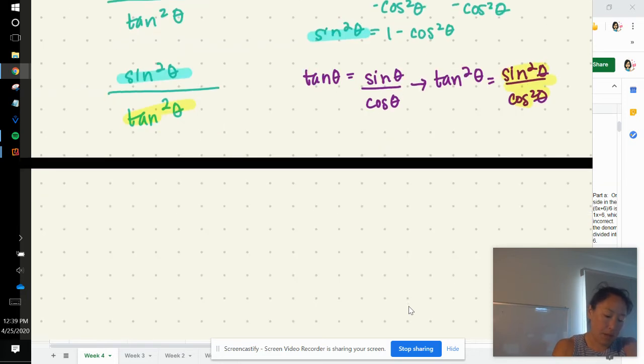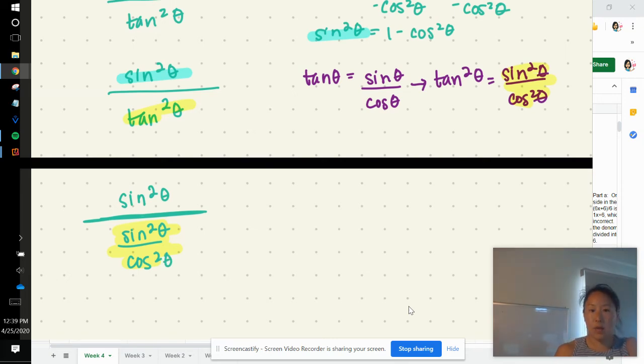Okay, so I have sine squared theta from the numerator. That doesn't change. And then here, I'm going to have sine squared theta over cosine squared theta. And how do we divide by a fraction? We go ahead and we multiply by the reciprocal.